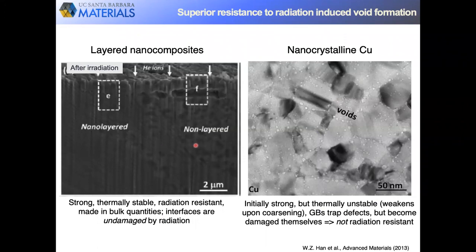So as a final example, interfaces and grain boundaries are known to be sinks for defects, particularly those defects that form when exposed to radiation. Radiation defects like vacancies are drawn to grain boundaries, and if grain boundaries become saturated with these vacancies, they form voids.